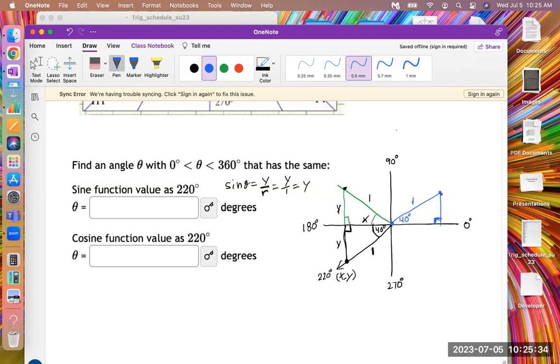Well, I'm not drawing them to scale, but you could draw a congruent triangle in quadrant 1 here. The y coordinate would be here, and it'd be the same y coordinate as a 220-degree angle, except it's positive. The last triangle I can draw, and these should be all the same exact size, I'm just not doing a very good job of drawing them.